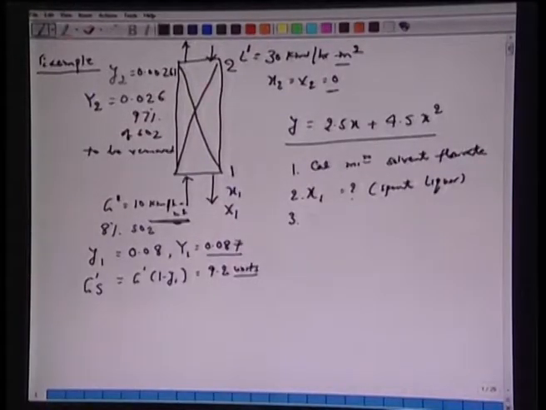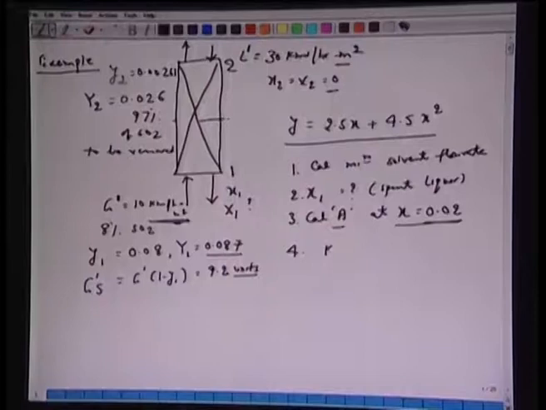The third question is to calculate the absorption factor A at the location where x is 0.02. So, where the mole fraction is 0.02, this is 0 here and some values here, at the location where the mole fraction is 0.02, calculate this absorption factor. And the last question is to calculate the individual gas phase mass transfer coefficients.